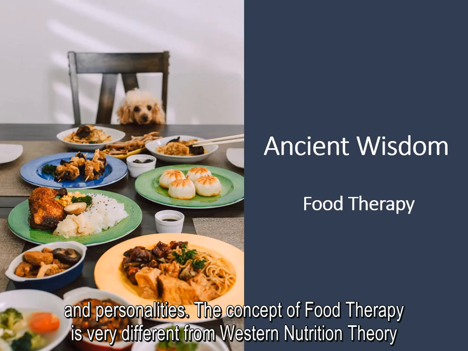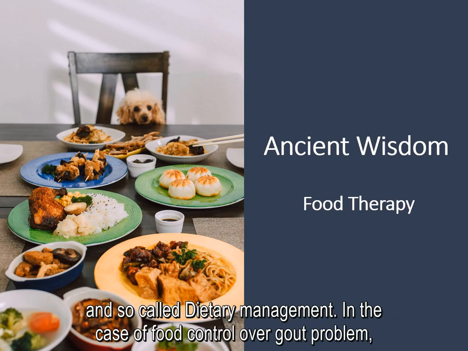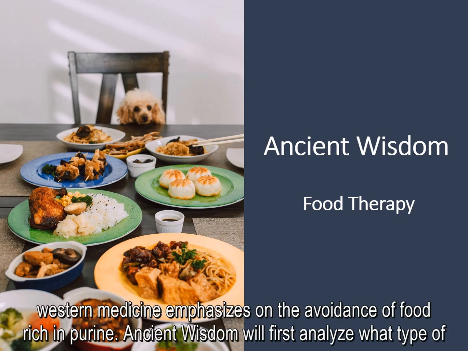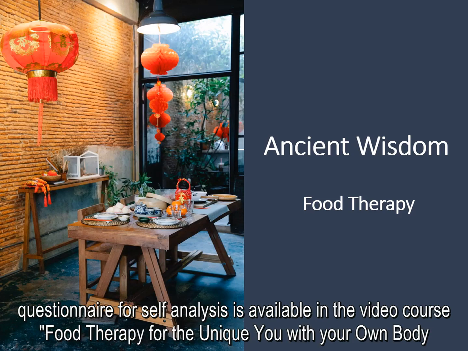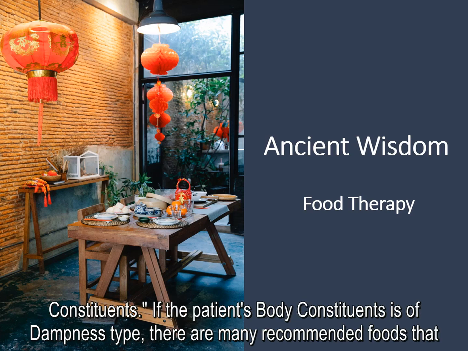The concept of food therapy is very different from Western nutrition theory and so-called dietary management. In the case of food control over the gout problem, Western medicine emphasizes avoiding food rich in purine. Ancient wisdom will first analyze what type of body constituent the patient has. There are 9 types of body constituent. A body constituent questionnaire for self-analysis is available in the video course, Food Therapy for the Unique You with Your Own Body Constituent.